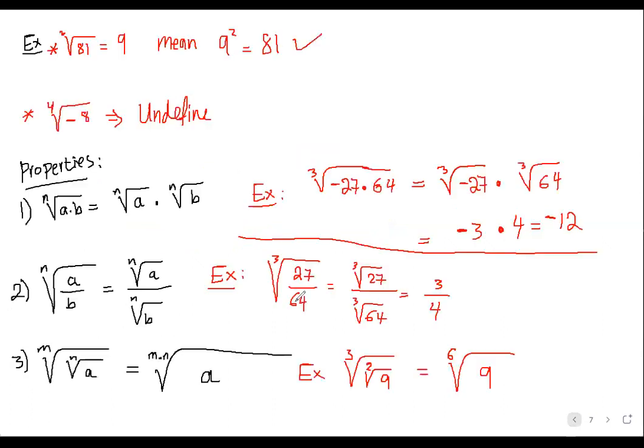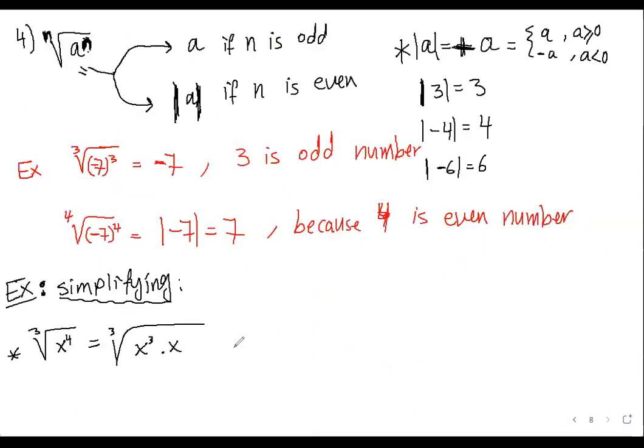Property number 1 says the nth root of a times b equals the nth root of a times the nth root of b. Same thing here. I can make it the third root of the first one times the third root of the second one, right? The third root of x to the 3 times the third root of x.